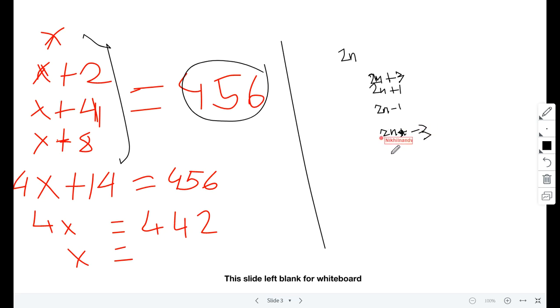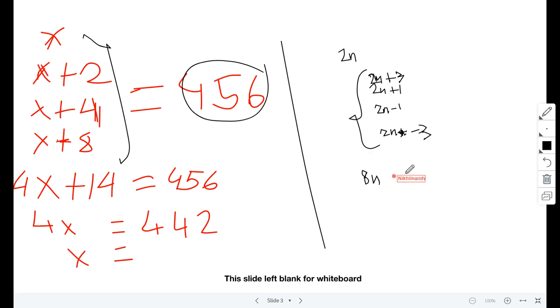These are consecutive numbers, so if you just add all this and put it equal to 456, you get 8n.